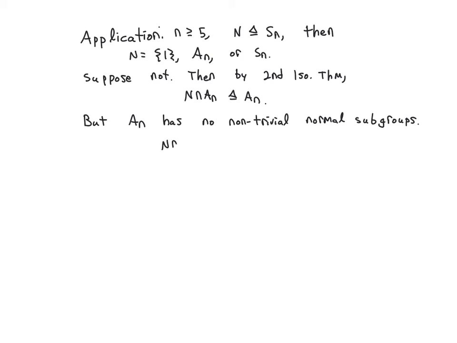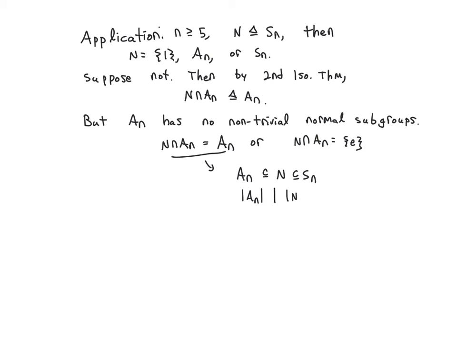Which means either N intersect An is equal to An, or N intersect An is the trivial subgroup. In this case, you now see that the alternating group is a subgroup of N, which is a subgroup of Sn, but remember that would imply that the orders have to divide each other, by Lagrange's theorem.